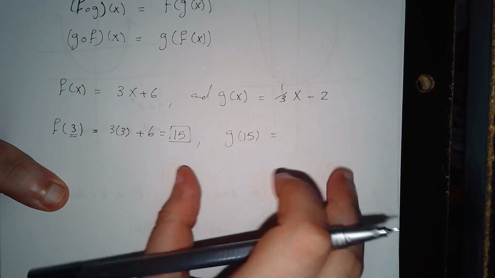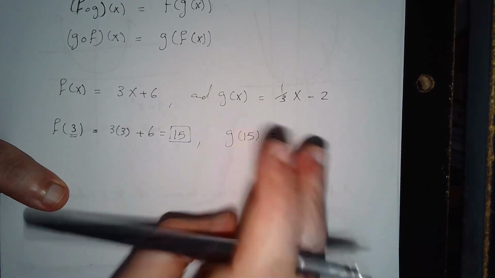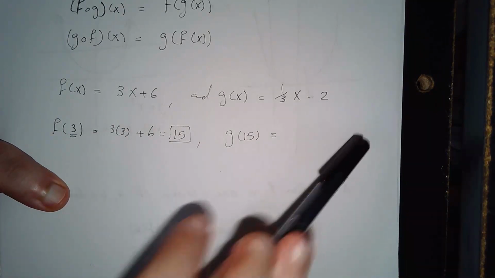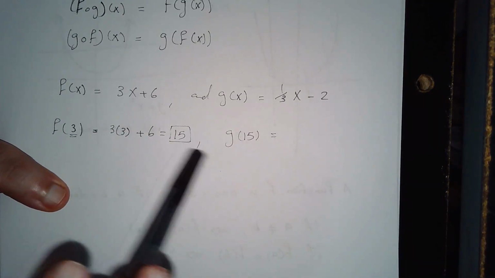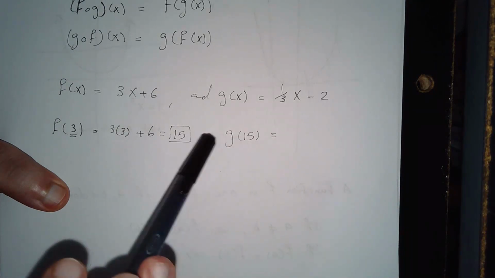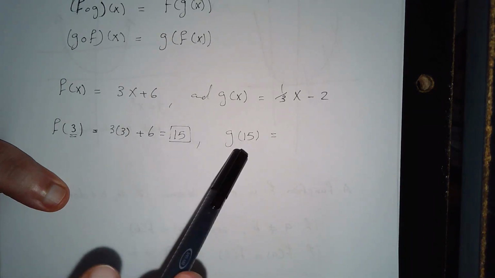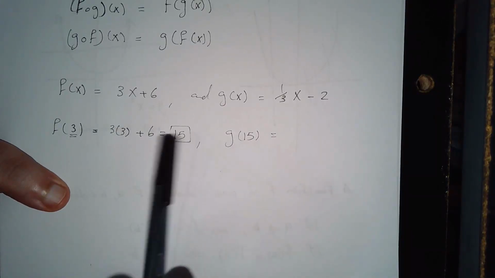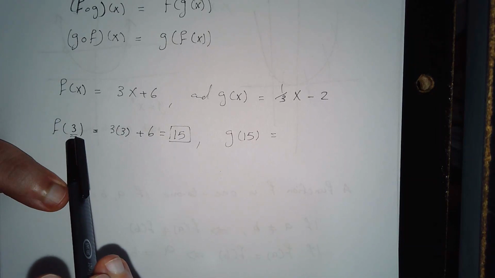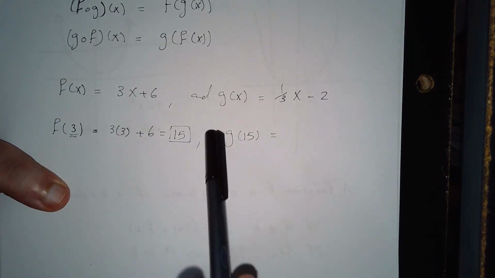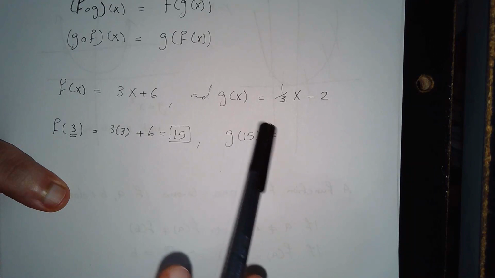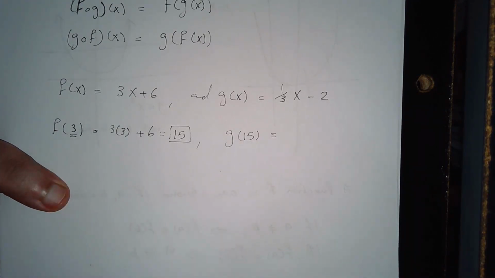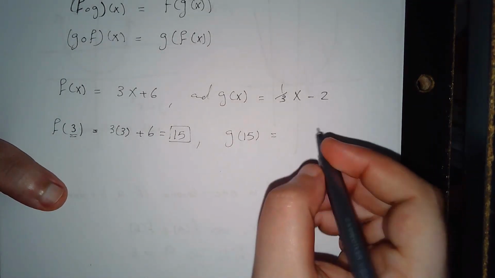Because remember, for the inverse function, the domain, which is what we plug into the function, is actually the range, which means it's the answer. And the range of f is going to be the domain of the inverse, which means the answer you get from the first function is what you need to plug into the second one. And once you answer this, if the answer matches this x right here, then these two are inverses. Because the idea of an inverse function is it's supposed to undo whatever the initial function did. Make sense? So let's try that.